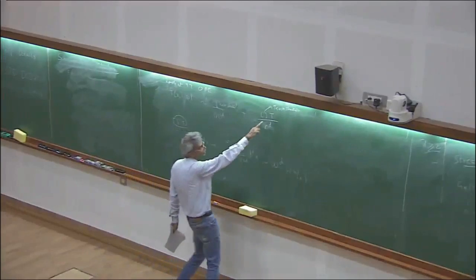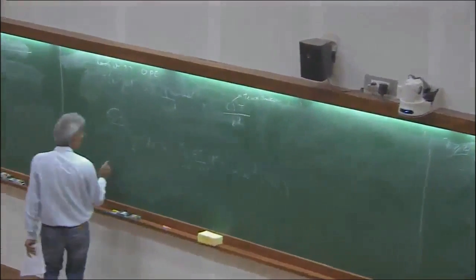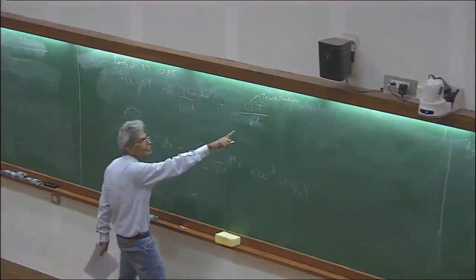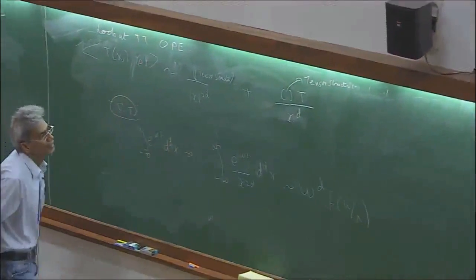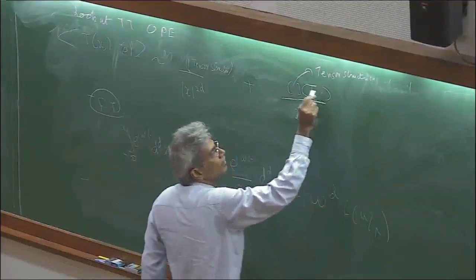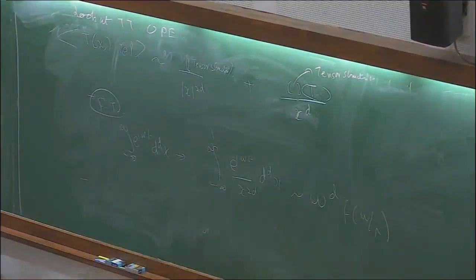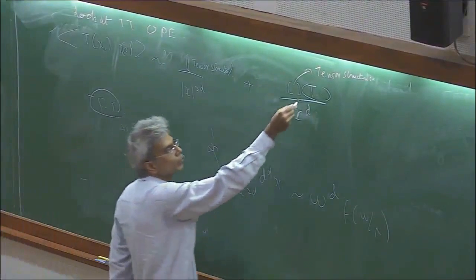So let's go to the next structure. The next structure again is x to the d. And suppose you are in a thermal state, for instance. This will generally have an expectation value, at least the diagonal values, the energy and the pressure, will have expectation values.